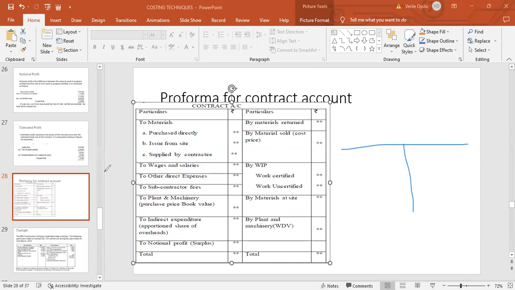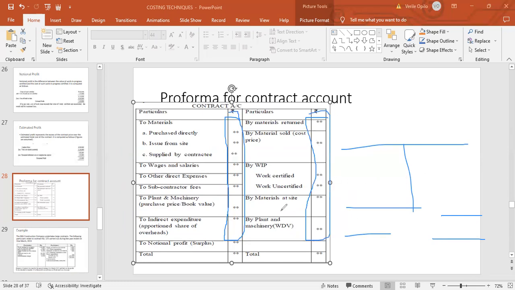So just like any other account, we usually have to balance off. So you'll find that you have to now compute what is the total value of the items on the debit side, what is the total value of the items on the credit side.